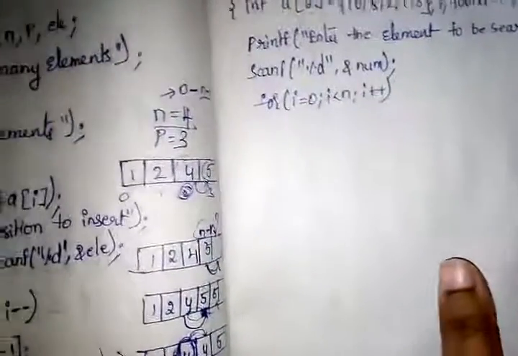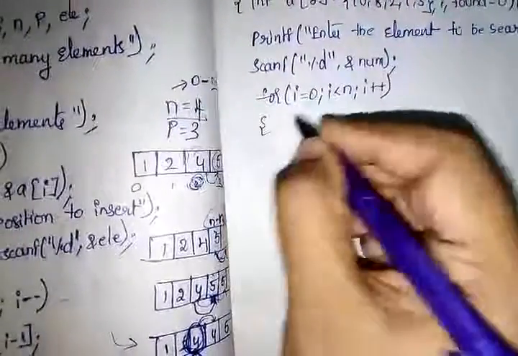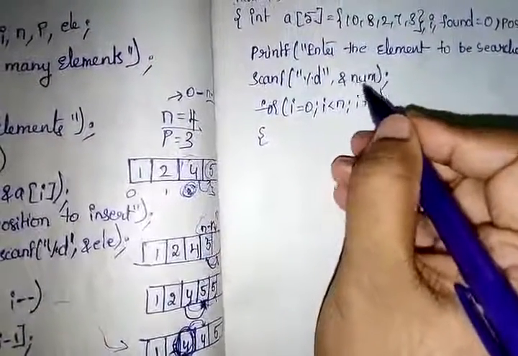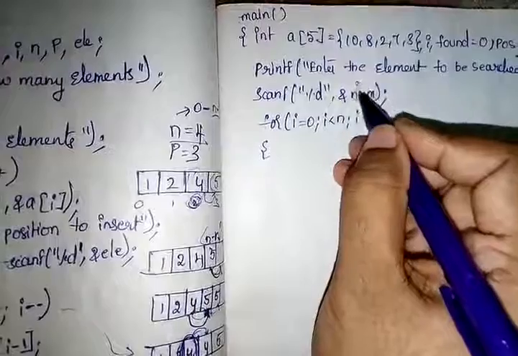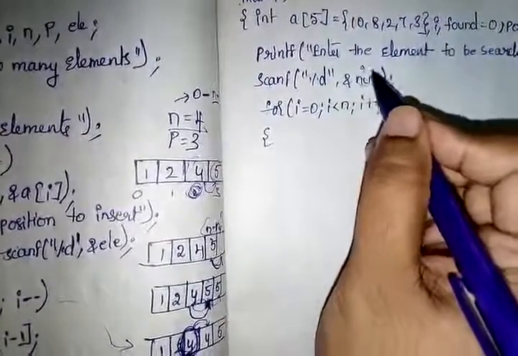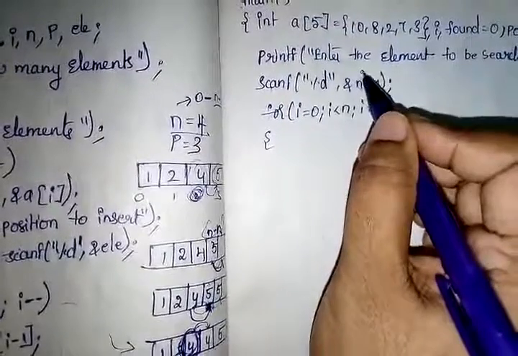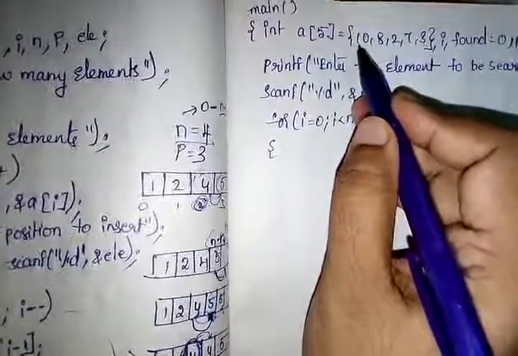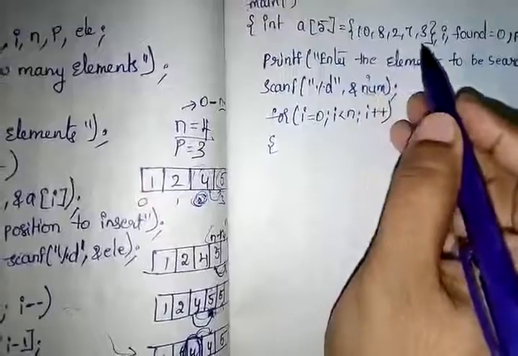Okay, so here, the element which we have to search, suppose it is 9. The element you want to search should be compared with each element in the array.